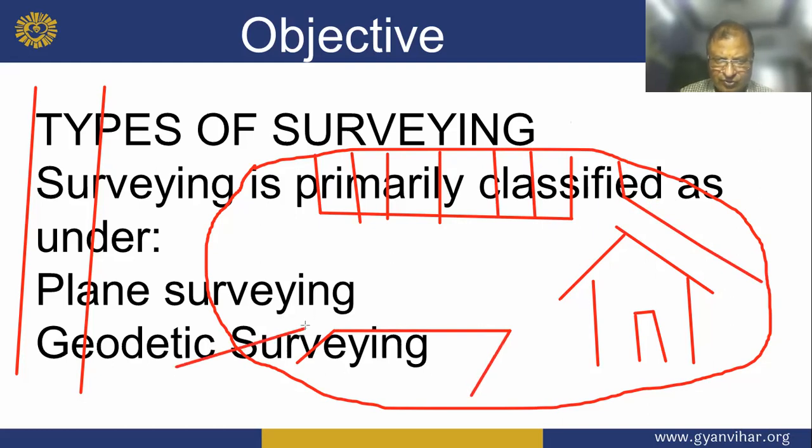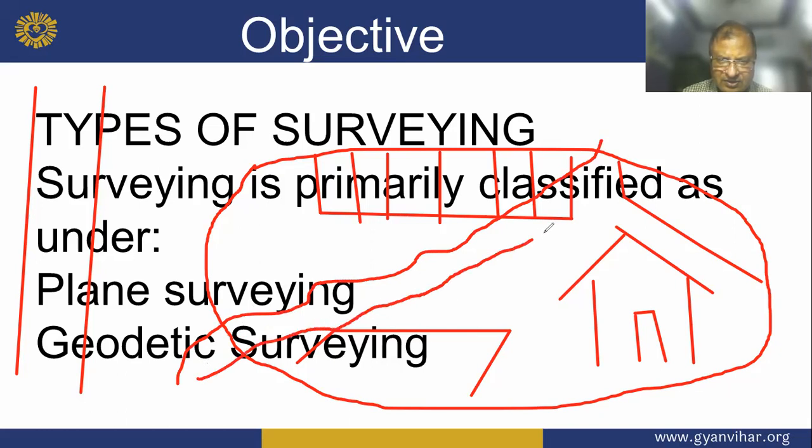Suppose a river is also flowing like this. So in this, the surveyor will first decide the necessity of the road which leads here, and the boundary of the proposed factory.